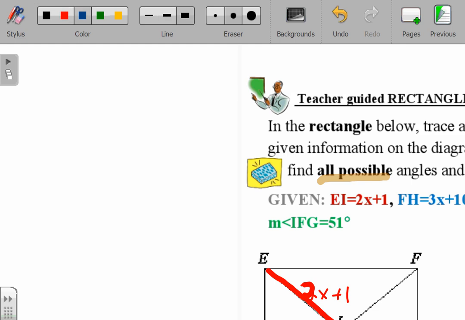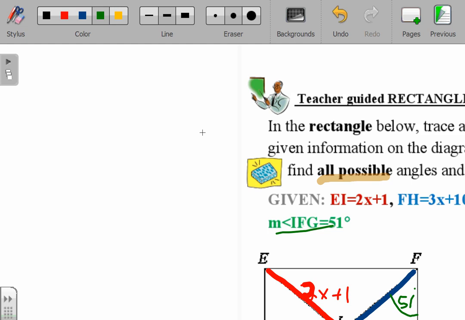And then I have FH, which is this whole thing, is 3x plus 10. And then this angle IFG is 51.